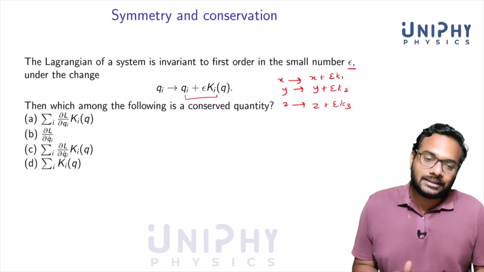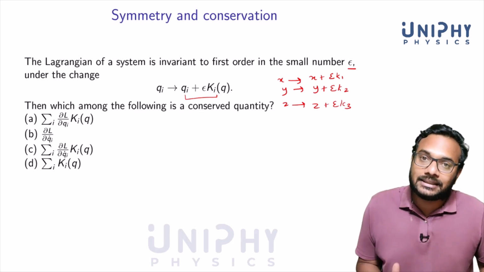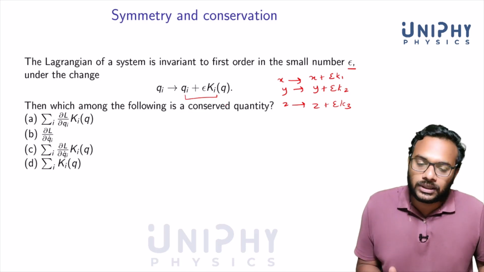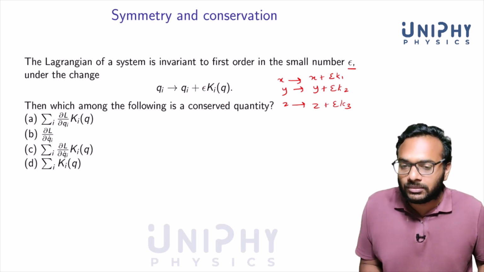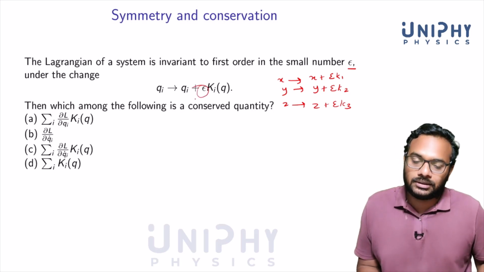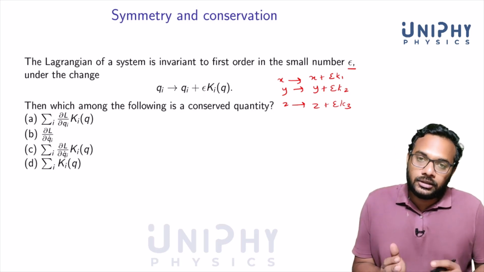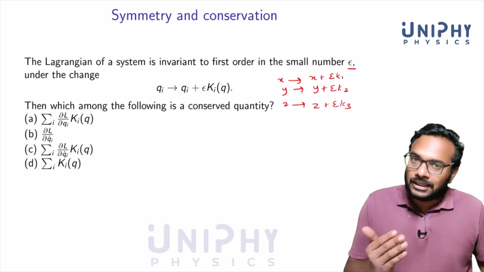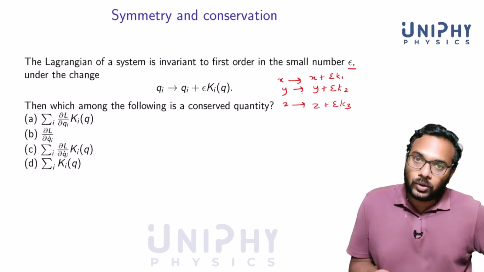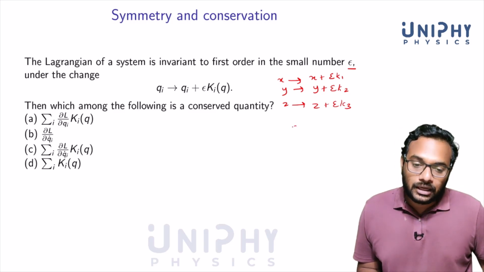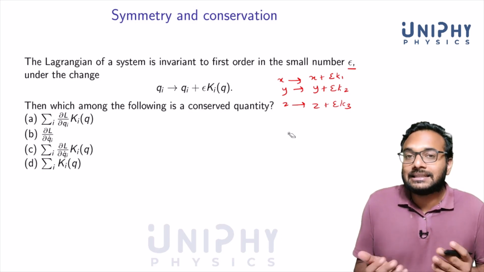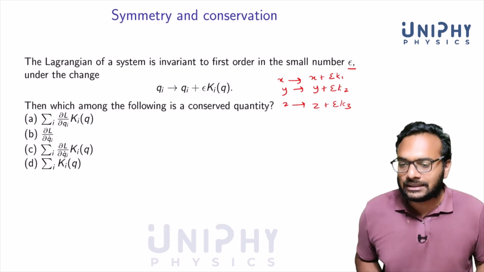If you make this transformation, and if the Lagrangian is invariant up to first order, the change in the Lagrangian up to first order is 0. Up to first order means up to first order in epsilon. So if you take the transformed Lagrangian and subtract the old Lagrangian from it, and if there are no quantities proportional to epsilon in this subtraction, then we say that it is invariant up to first order, but we'll see this in detail.